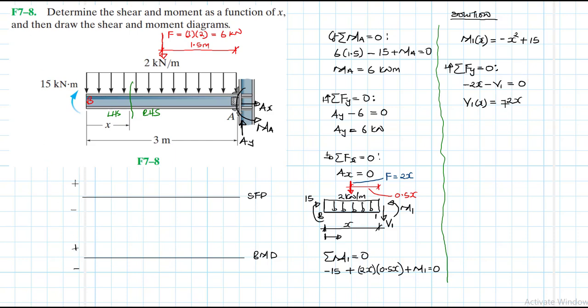So what is our equation for shear? It is minus 2x. So this is a linear equation, it has a gradient which is 2 and is negative. So at B, when we look at the boundary conditions at B, we are starting at B. We said negative slope.